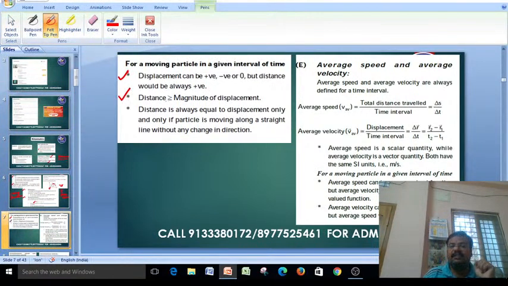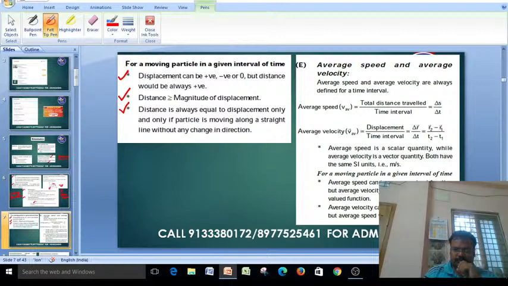So distance is always greater than or equal to the magnitude of the displacement. Third point: distance is equal to the displacement only if the particle is moving along a straight line without any change in direction. If it changes direction, automatically the two physical quantities will vary.